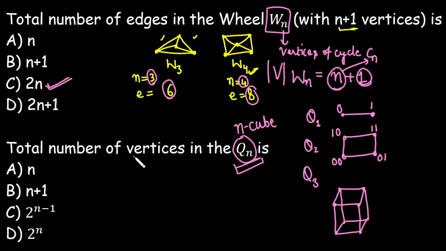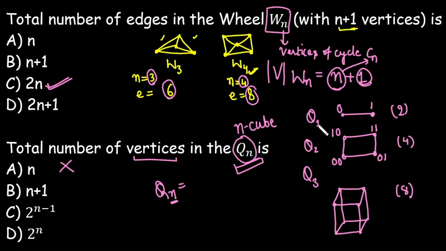As per this, we need to count the number of vertices. In Q1, how many vertices do we have? 2. In Q2, 4. In Q3, 8. Total vertices in Qn is equal to what now? If we say Qn, it indicates n vertices, but their count is not the same. So discard this.